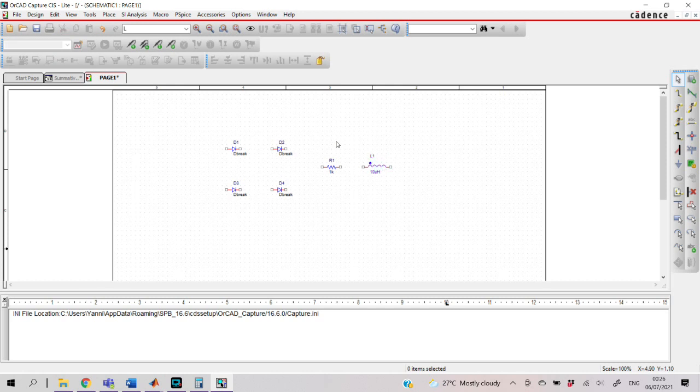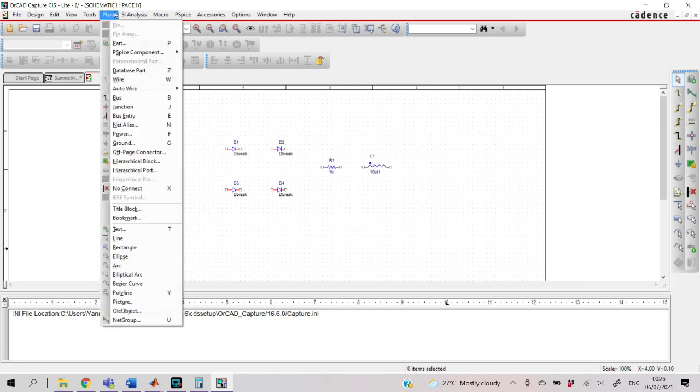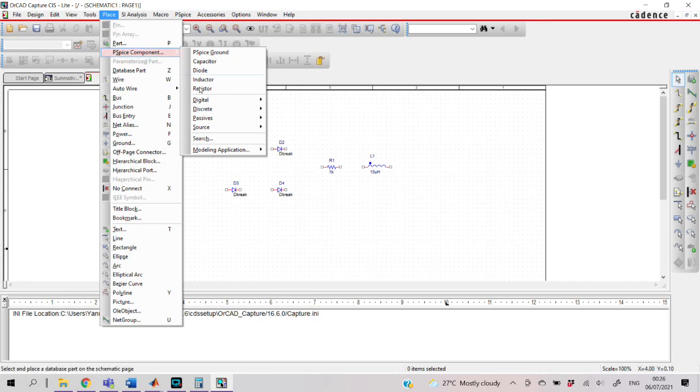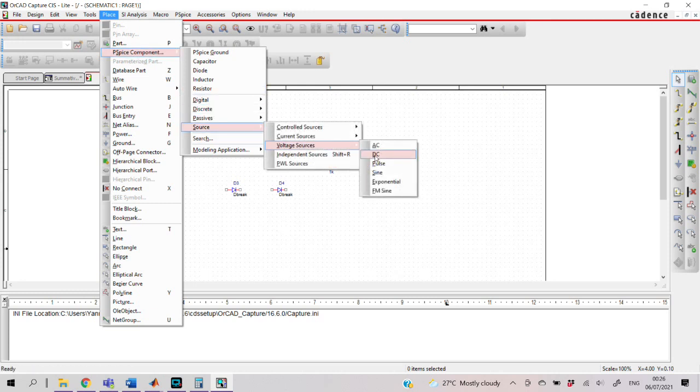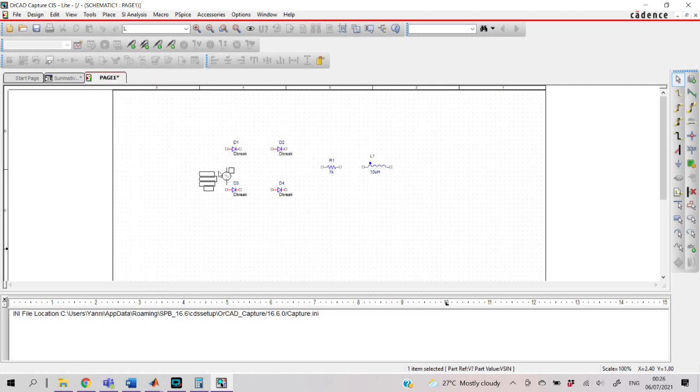Next, we should add our voltage source by going to Place, PSpice component, source, voltage sources, and selecting sine here. Then we will add our ground by pressing G. Then click OK.